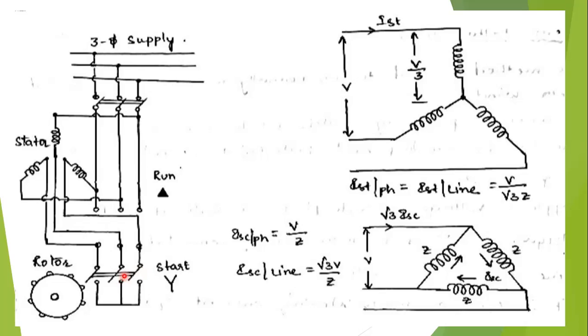Coming to the connections, we have to analyze both star and delta. If you take the delta here, these are the phase and line currents. And this is the star connection.